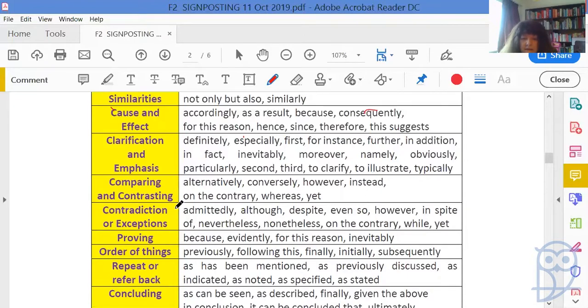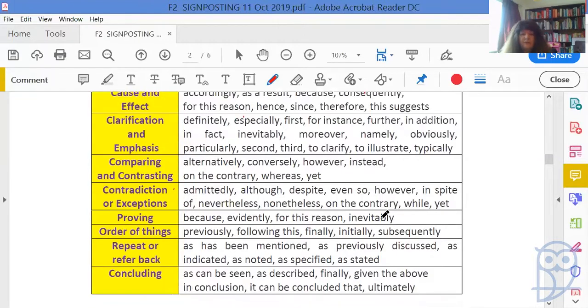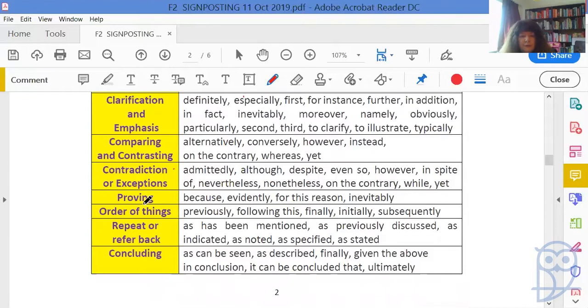If you're contradicting someone, wanting to say the opposite, or there's an exception to the rule, or an example, admittedly, although, despite, nevertheless, on the contrary, those sort of words. Proving, if you've got to prove something, because, evidently, for this reason, inevitably.